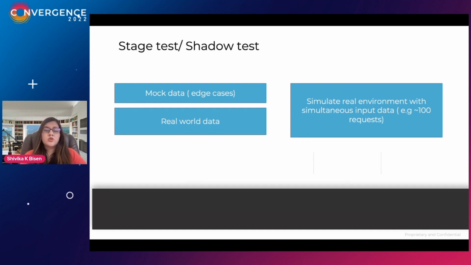So you prepare a simulated input data where you have all the inputs given at the same time, and then you see how your model performs. So this is as close as it can get to the production environment. Once you see that the model is performing well in staging, then you forward it to the actual production.